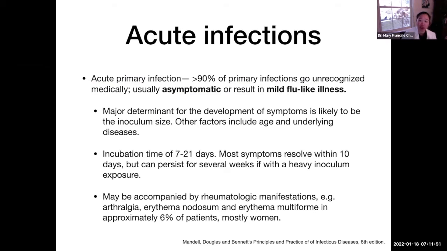The major determinant for the development of symptoms, though, in acute infections with histo is likely to be the inoculum size. And other factors include your age, so less than 2 years old or more than 60 years of age, and any other underlying diseases that your patient might have. For acute primary infection, the incubation time is usually 7 to 21 days.